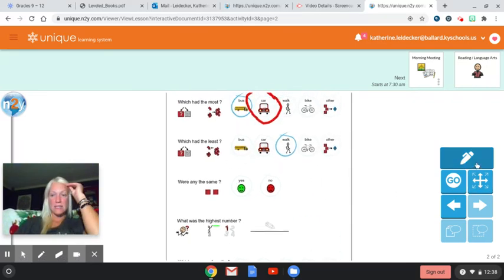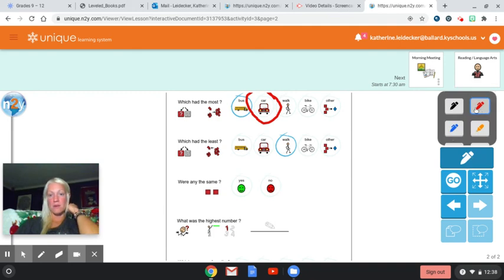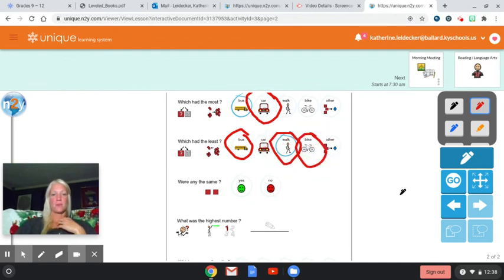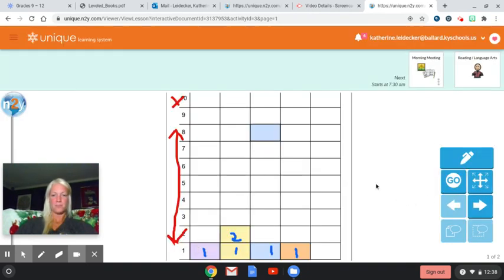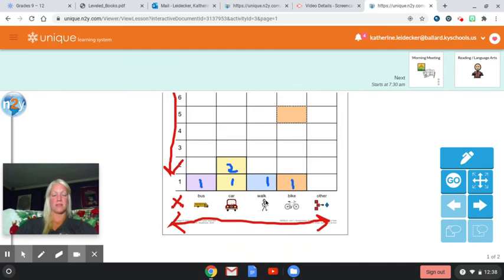Were there any the same? Well, yes, we just talked about that. The bus, the walkers, and the bike riders were all the same.